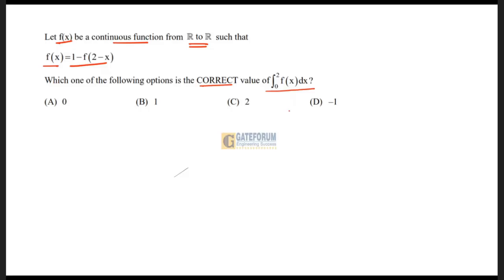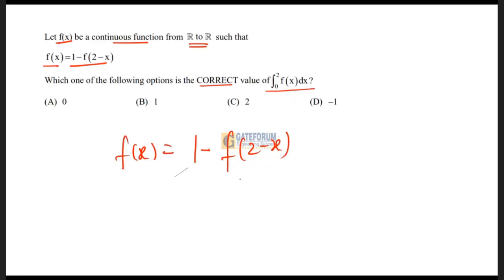So we are having a continuous function, right? That is from real to real, and the function is given like that: f(x) equals 1 minus f(2 minus x), right?